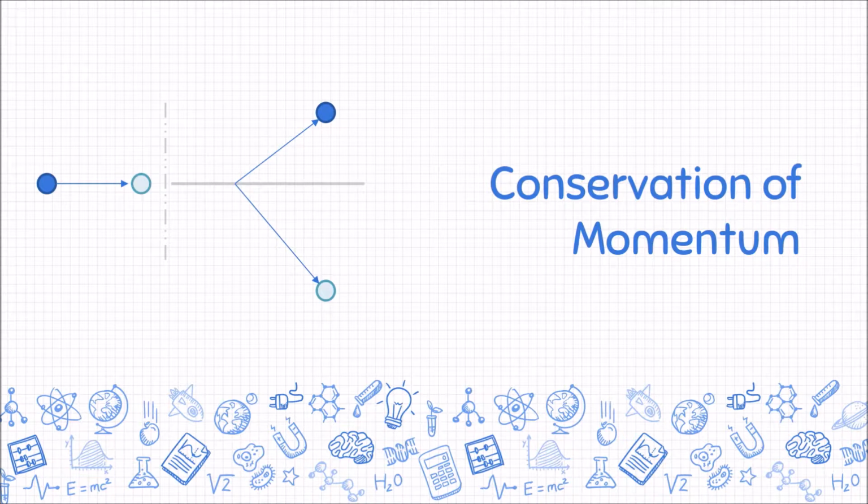So today we're going to be talking about conservation of momentum, and especially for when things do not stay in line with each other. In our previous video and examples, we've had objects collide with each other, but then stay in line with each other.